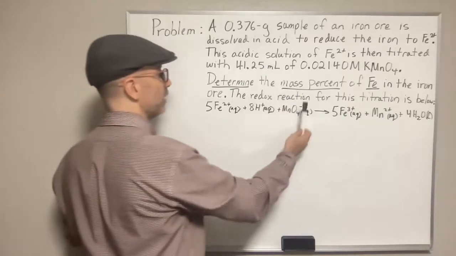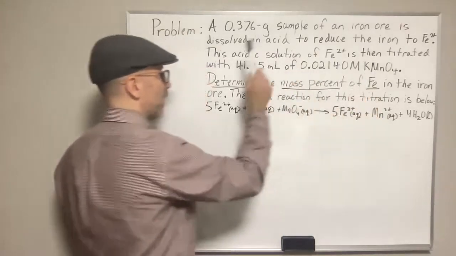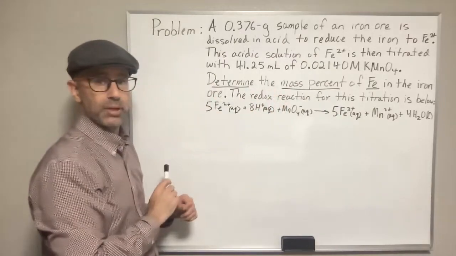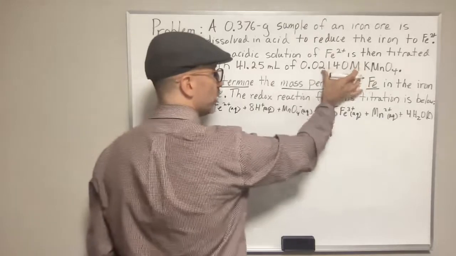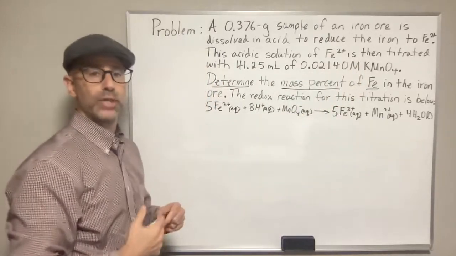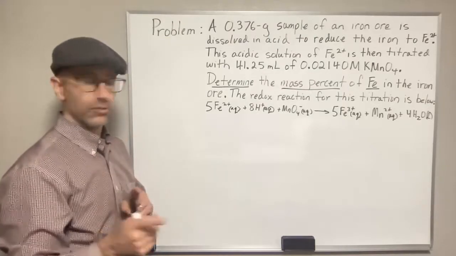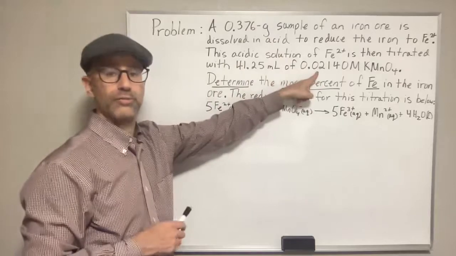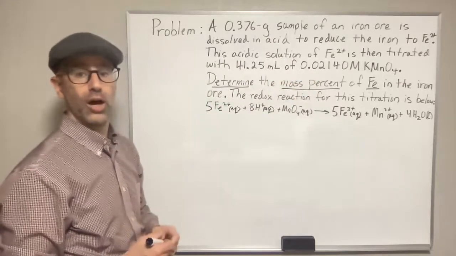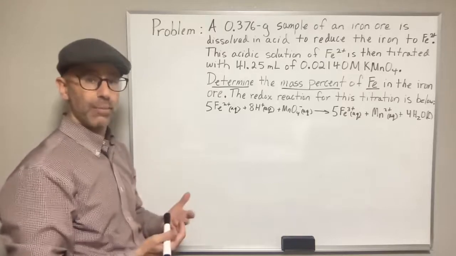So how do we get the moles of MnO4-? Well, they gave us molarity and they gave us volume in milliliters. We could use molarity as a conversion factor because molarity is a relation between moles and liters. So if we convert this to liters, we can then use this as a conversion factor to convert to moles of your KMnO4, which is the same number of moles as your MnO4-.